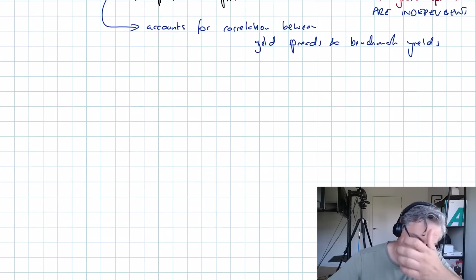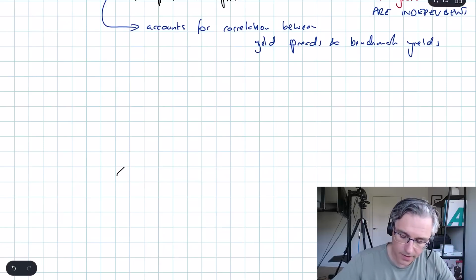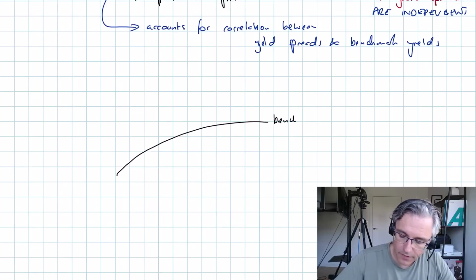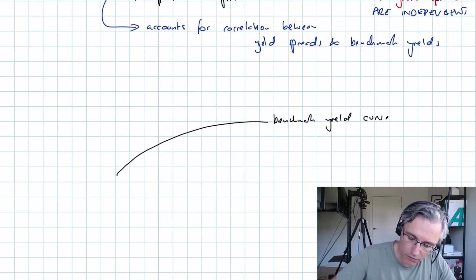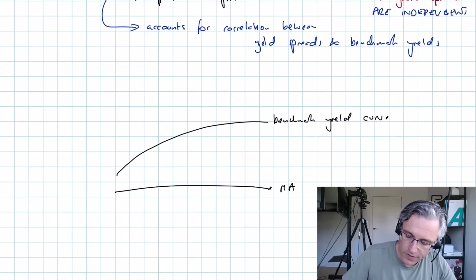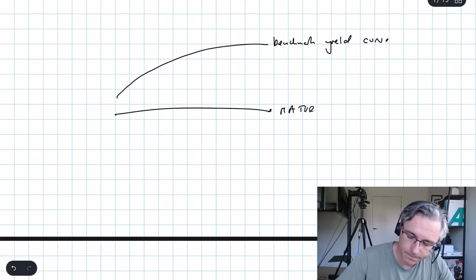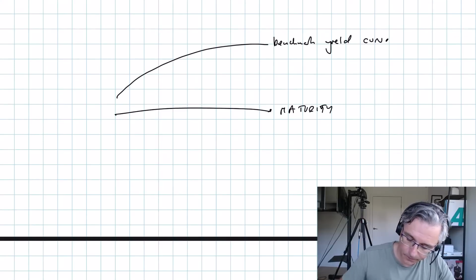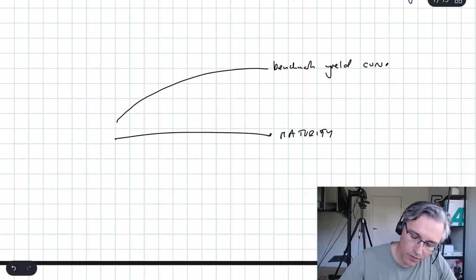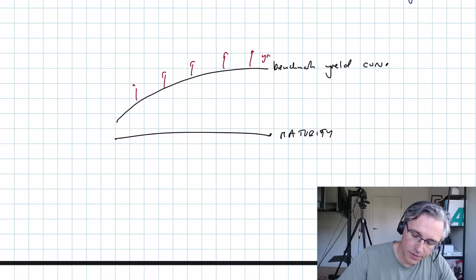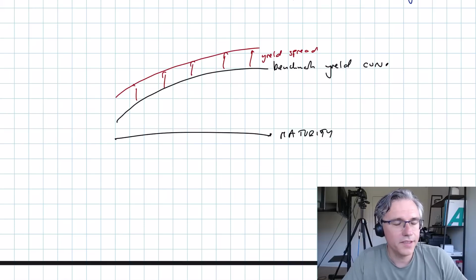However, if this is the benchmark yield curve for different maturities, and to that benchmark yield curve we always add an element of yield spread, don't we, to get to our corporate bond yield.